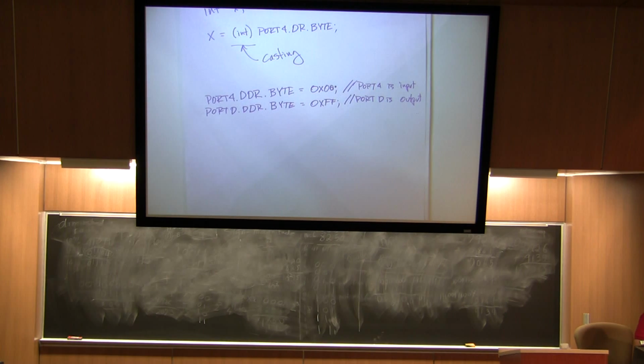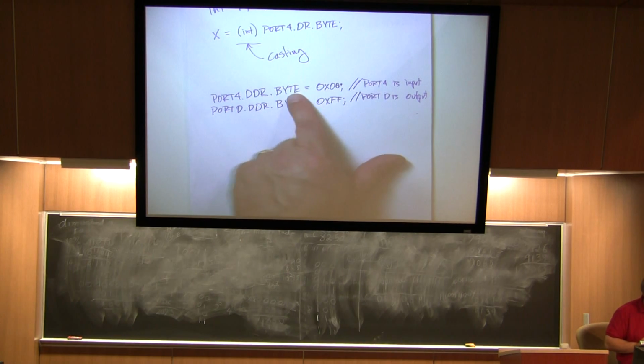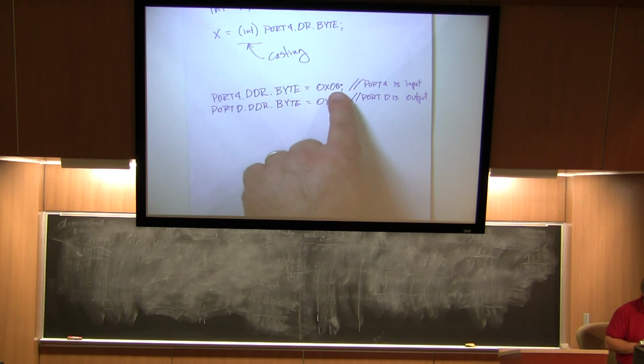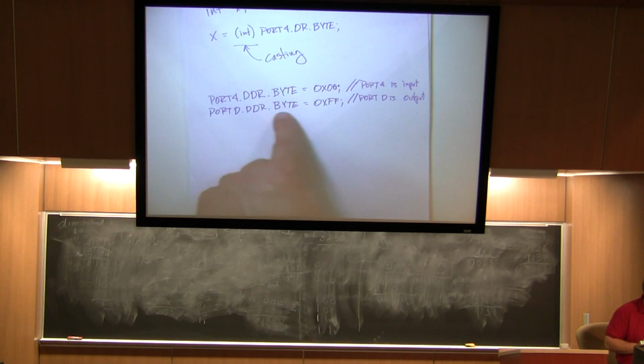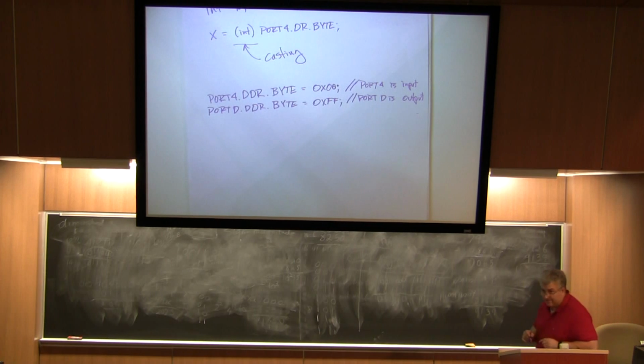What if I have, in this case, port 4 as an input and port D as an output, and what I did here is I set up a direction register to say every single bit of port 4 is going to be 0. Every single bit of port D is going to be output, that's a 1 in that position. So what you will need to do is to ensure that you set it up correctly.